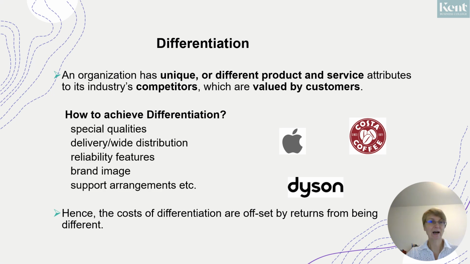So let's have a look at how differentiation is achieved. We have talked about the critical success factors, if you remember, and based on that we identify areas of blue oceans and red oceans. So maybe if you remember when we did the industry analysis and then the competitor analysis, that is here the same idea, to look at what is valued by the customer, for example, in terms of quality, or brand image, or reliability.